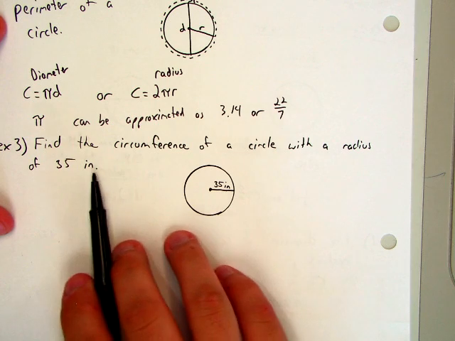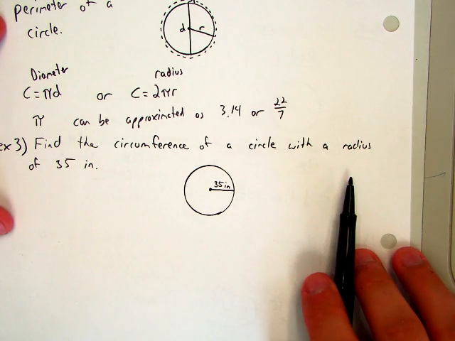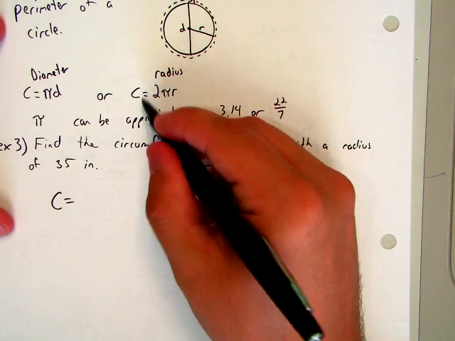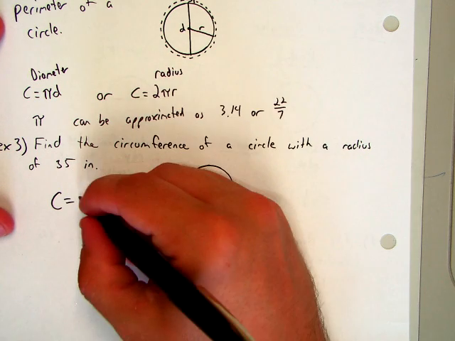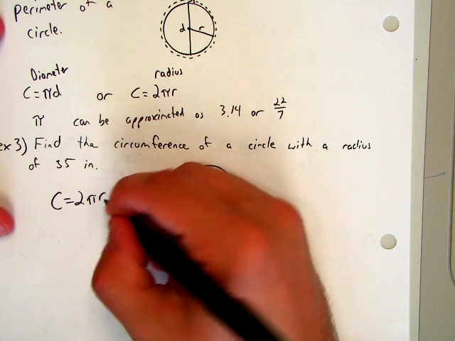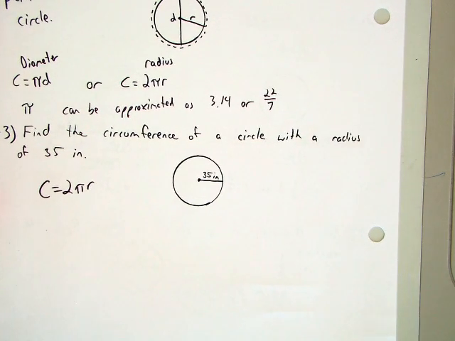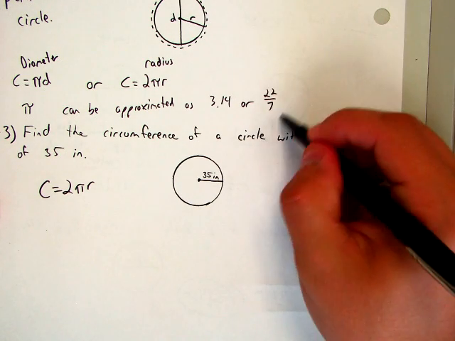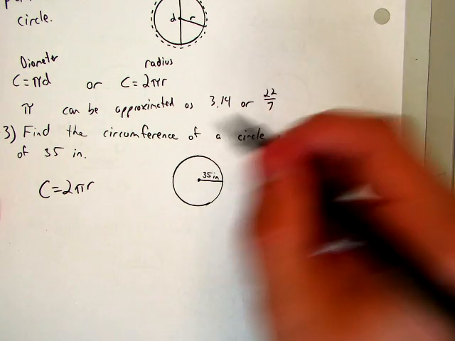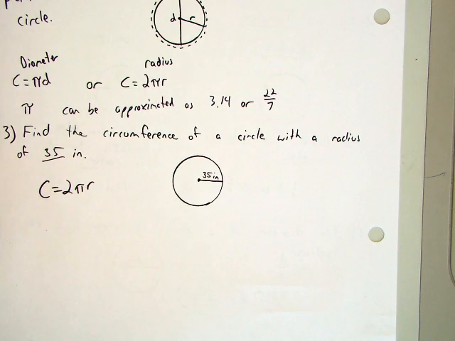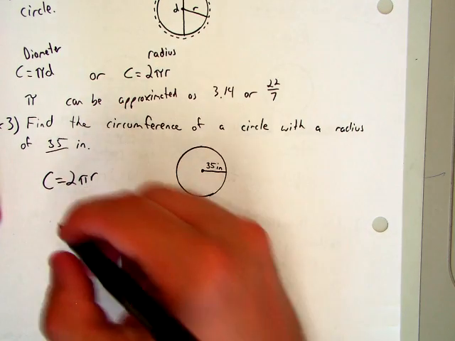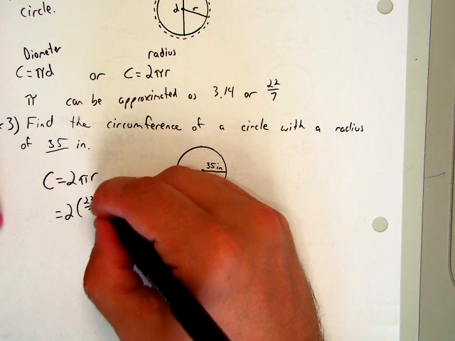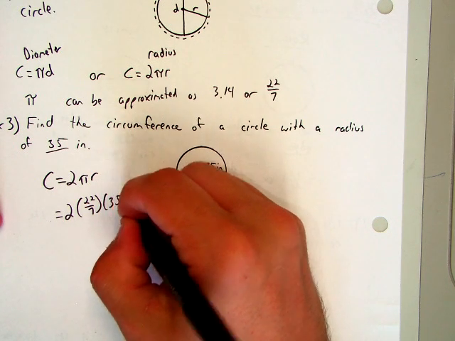So in example 3, it says find the circumference of a circle with the radius of 35 inches. So I'm going to use the radius formula here, 2 pi r. Now, when I use pi, I'm going to use 22 over 7 in this case because the radius is a number divisible by 7. So I'm going to use 2 times 22 over 7 times 35.